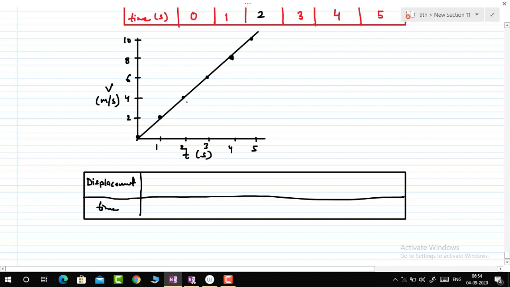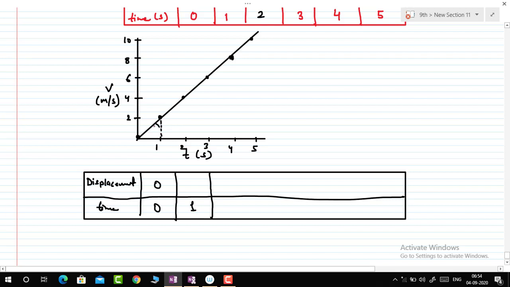We know that the area under the velocity time graph gives us the displacement. So for time t equals to 0 second, there is no area, so for time equals to 0 second, displacement is 0. But for time t equals to 1 second, we will find the area.